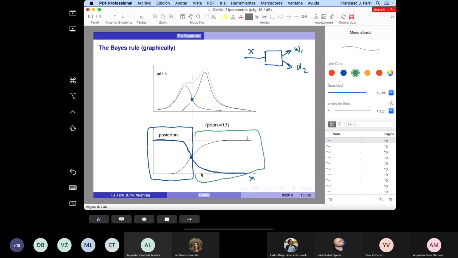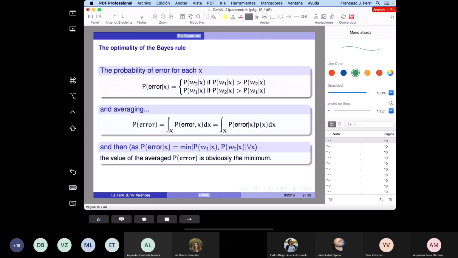For example, at this point, the classifier says class 2, but the probability of coming from class 1 is not 0. This value here is exactly the probability of error at x. And the same for every x in my space.